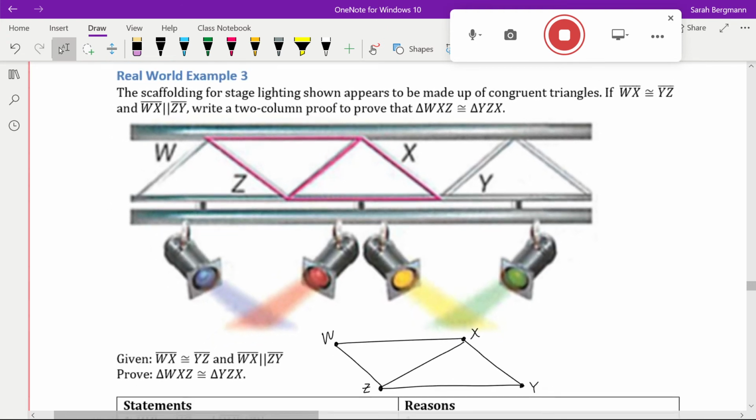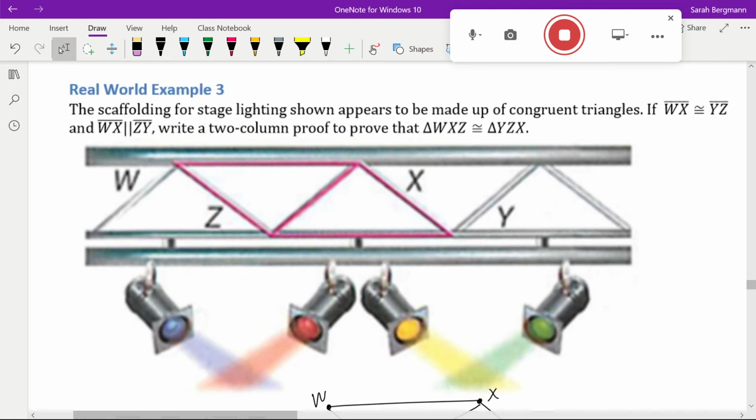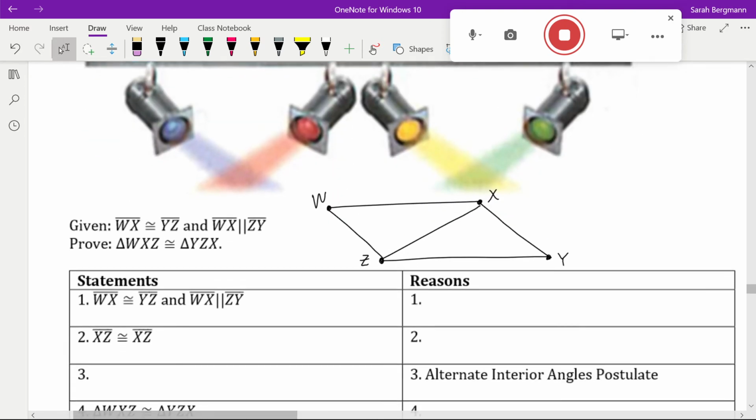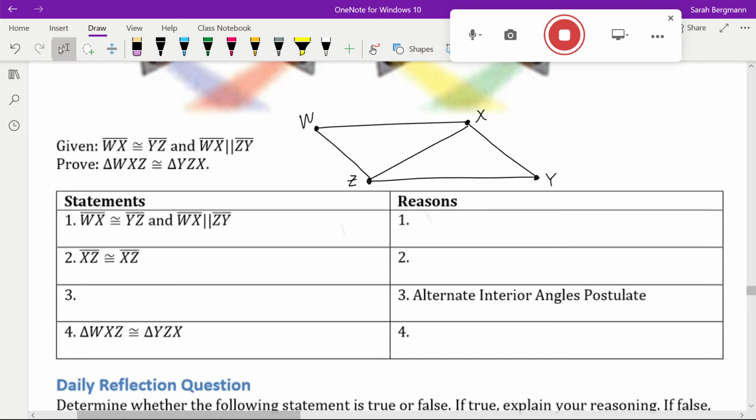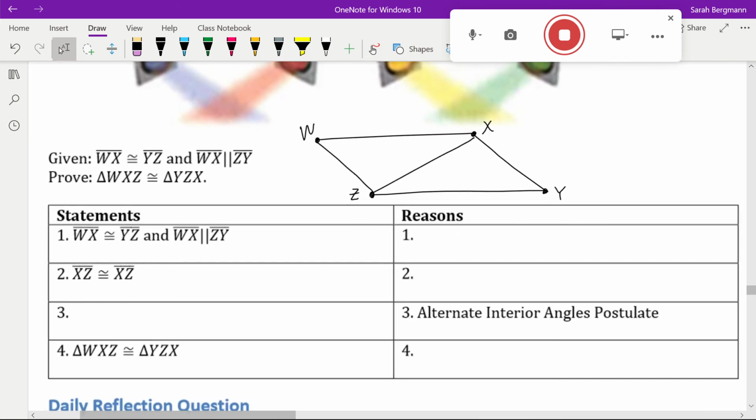It says the scaffolding for stage lighting shown appears to be made up of congruent triangles. If WX is congruent to YZ and segment WX is parallel to segment ZY, write a two-column proof to show that triangle WXZ is congruent to triangle YZX. Alright, so we already have some of the proof filled in. I redrew this just because it's a lot easier to see without all that extra stuff in the way.